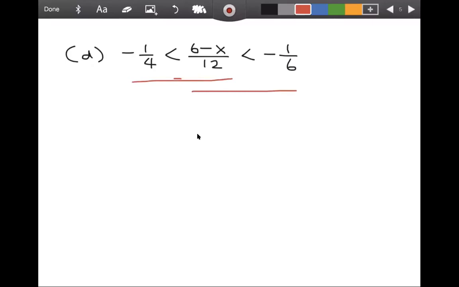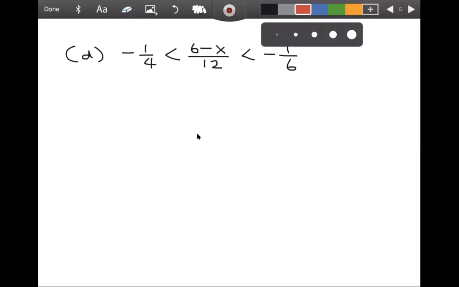So as you saw back in 2.8, we can work with all three parts of this inequality at the same time. And because we have fractions, I would start by multiplying all three parts of the inequality by the LCD, which is 12. So let me start by rewriting this inequality.